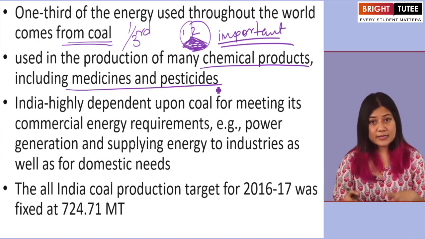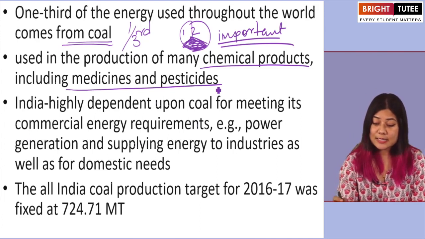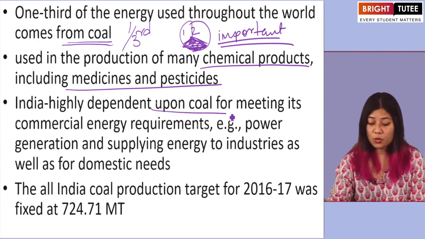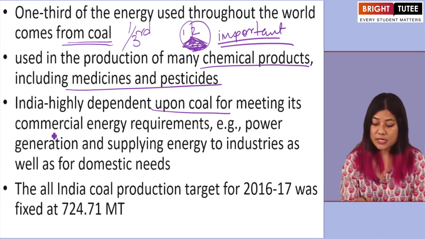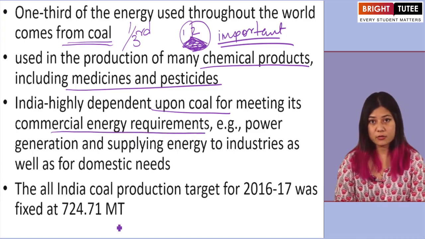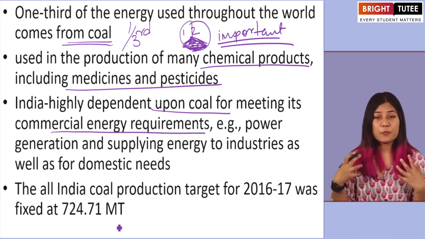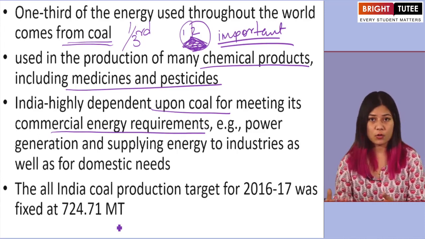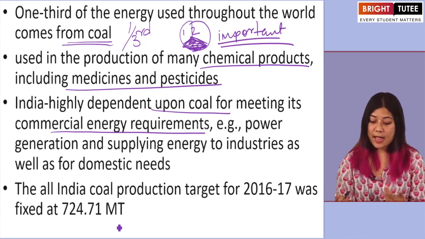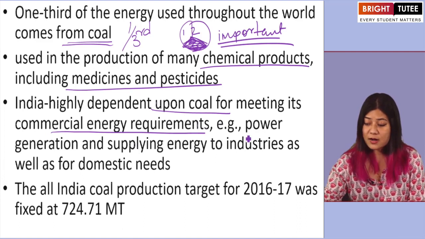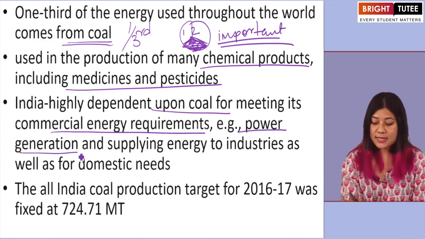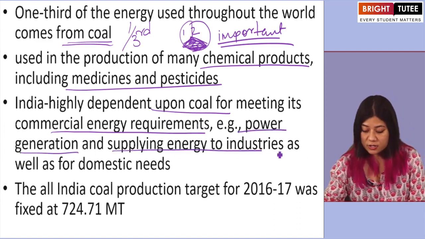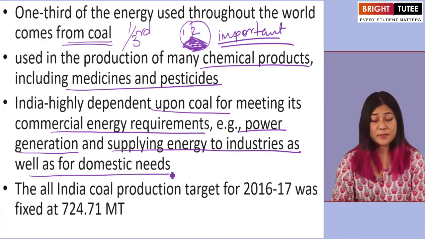India, our country, is highly dependent upon coal for meeting its commercial energy requirements. Our country depends way too much on coal for meeting its needs. And what are those needs? Those are power generation and supplying energy to industries as well as for domestic needs.